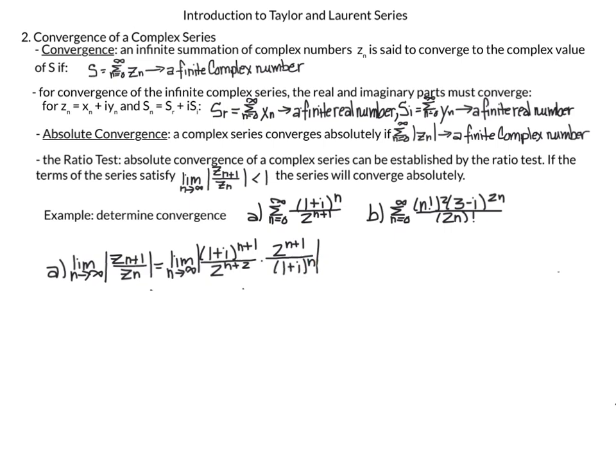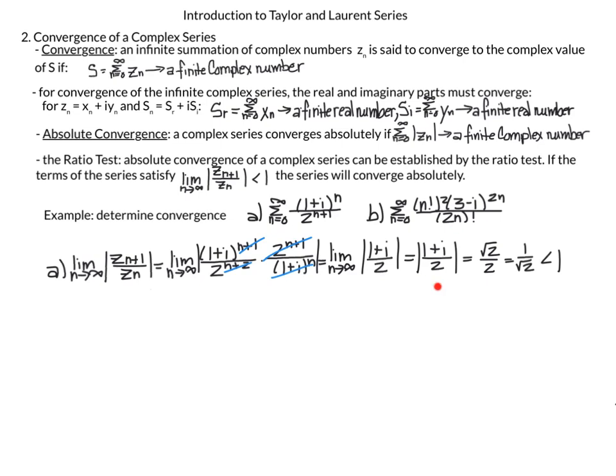Now we do some algebra. So here my (1 plus i) to the n is going to cancel with all but one factor. And then here my 2 to the n plus 1 will cancel with all but one factor. So I'm going to get the absolute value of 1 plus i divided by 2.